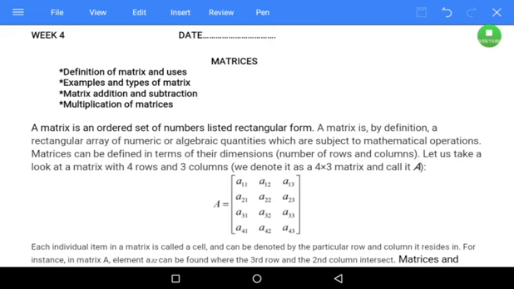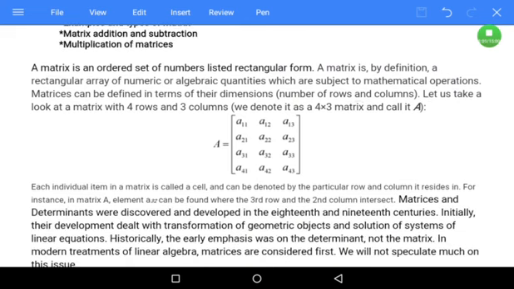Let us take a look at a matrix with 4 rows and 3 columns. Of course, we denote this as a 4 by 3 matrix. The middle is not called times, it's called by. So do you understand what I'm saying now?